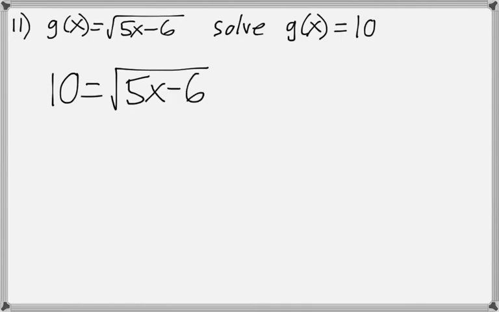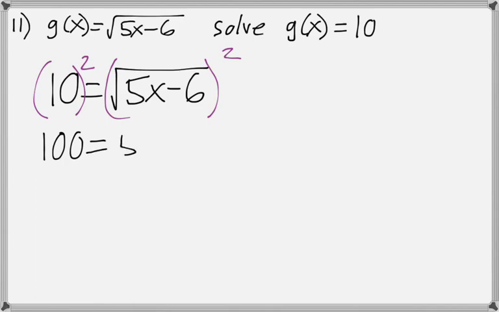So what essentially it's asking, what values for x do I need to plug in to get 10 as the output? So I can solve this. I just need to square both sides. So that'll be 100 is equal to 5x minus 6.